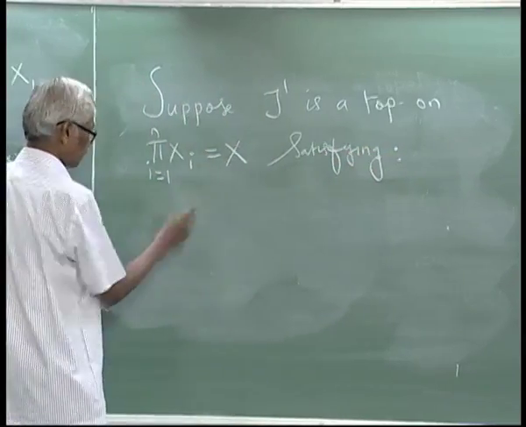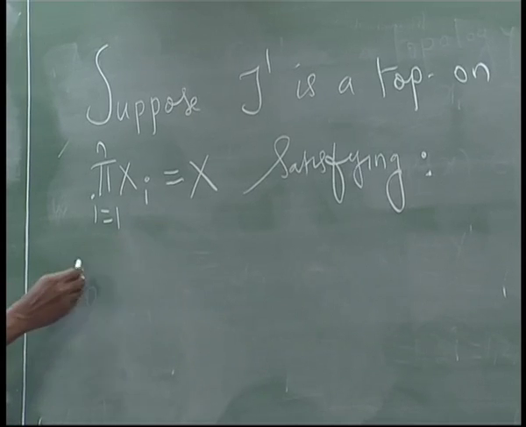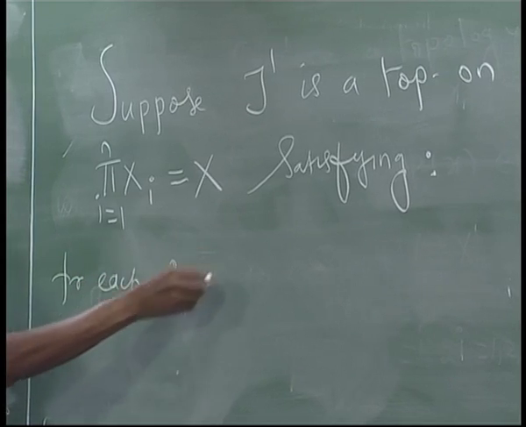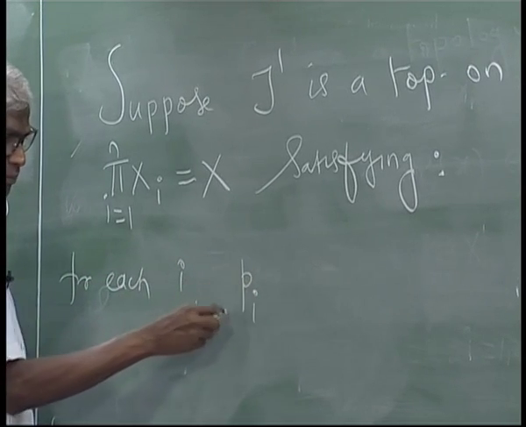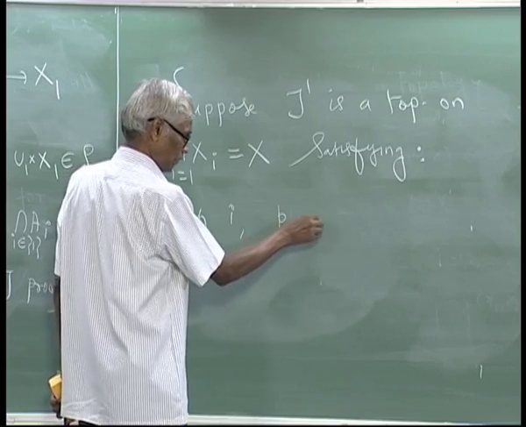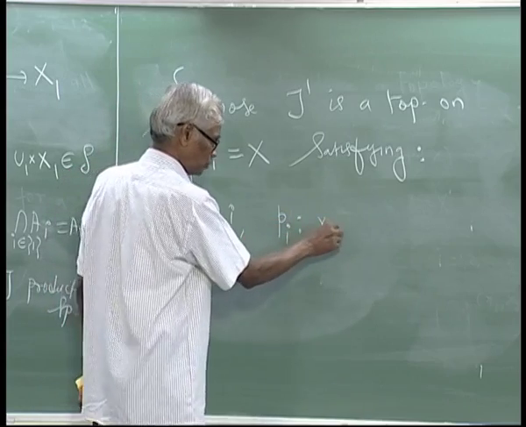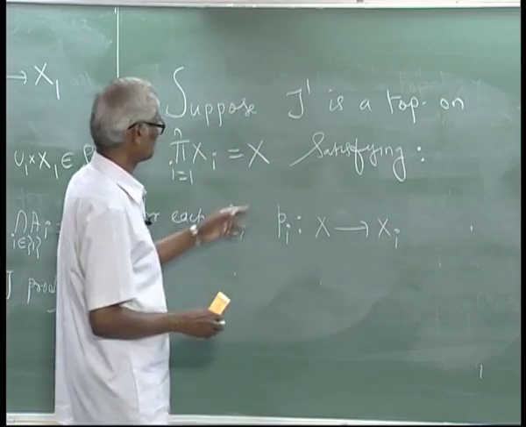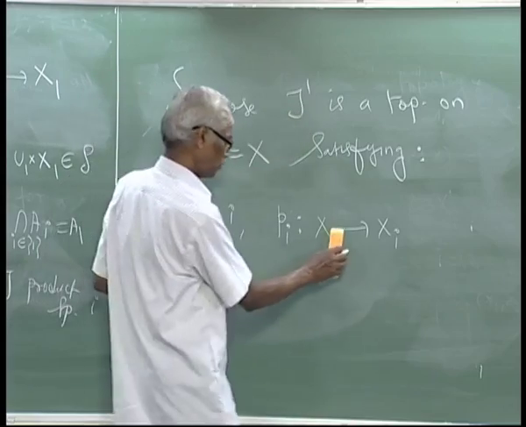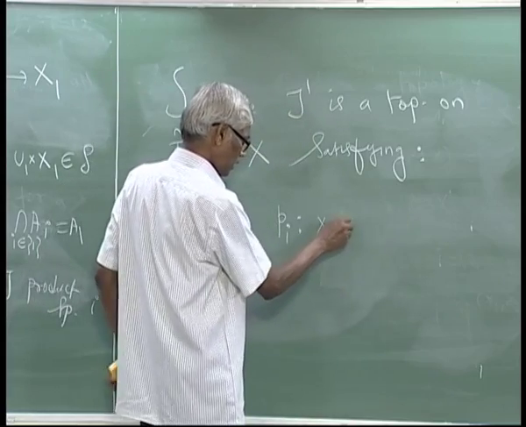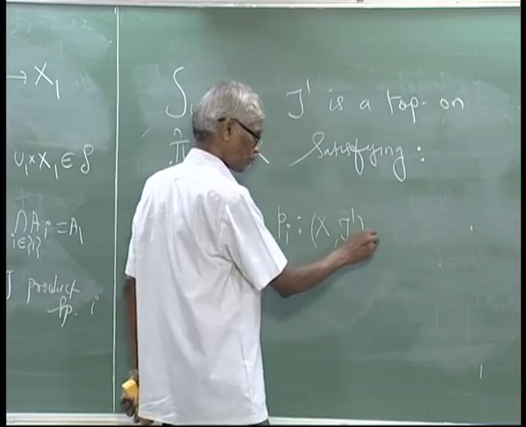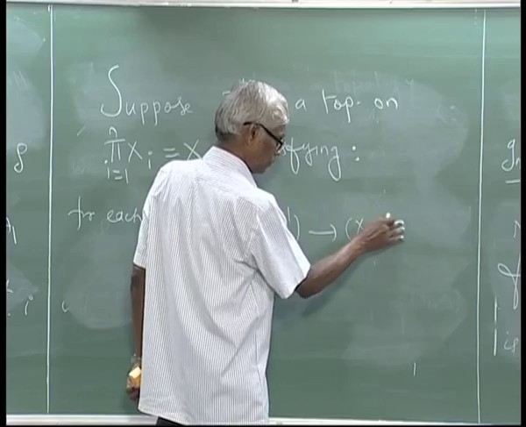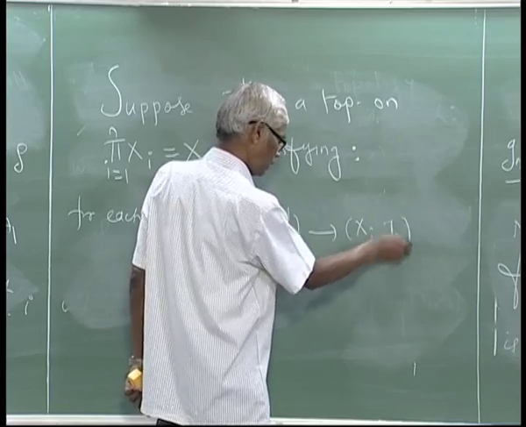the property, namely for each i, the Pi function, the projection function from capital X to that ith coordinate, is continuous with respect to this topology. So, we will write (X, tau prime) to (Xi, tau i).